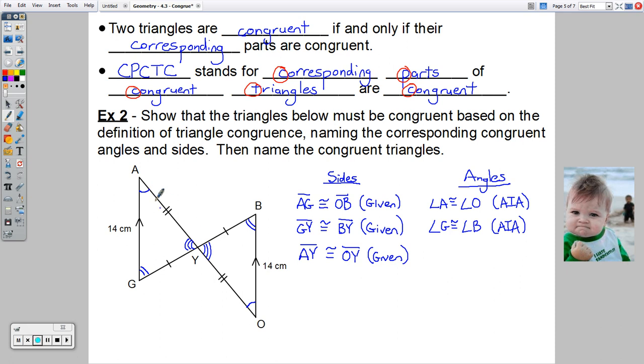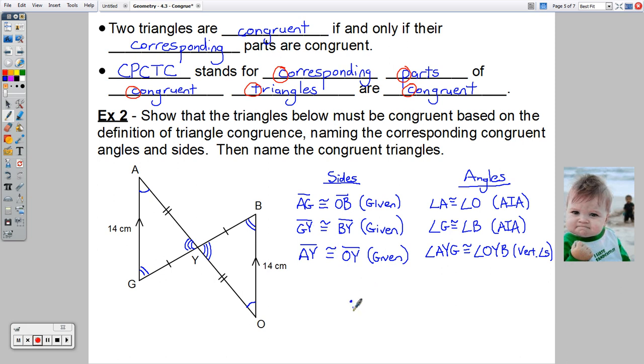Now I have to use 3, so I could say AYG, this angle right here, is congruent to OYB, and that would be by vertical angles. So we've proven all 6 parts are congruent. That means, by the definition of triangle congruence, that the triangles themselves are congruent.